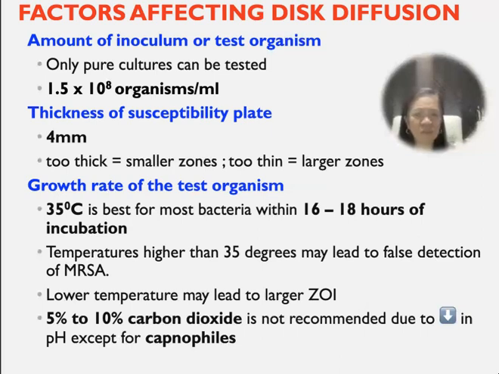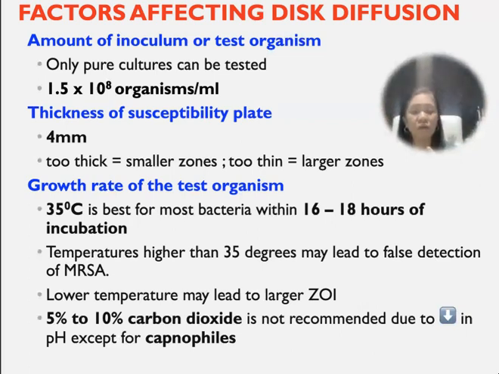When the agar is too thin, the antibiotic incorporated in the disc has nowhere else to go when it diffuses, so it will just spread horizontally. The diffusion is sideways rather than vertical, so the zone where the antibiotic has diffused simply gets wider.